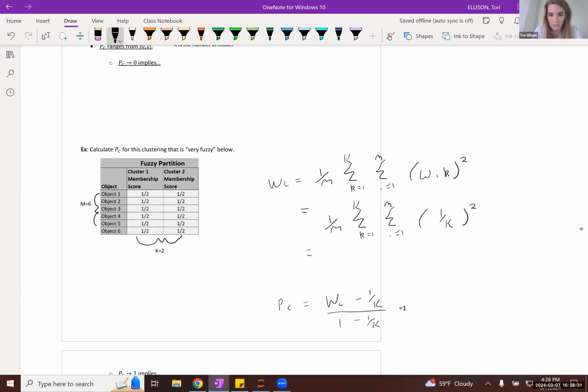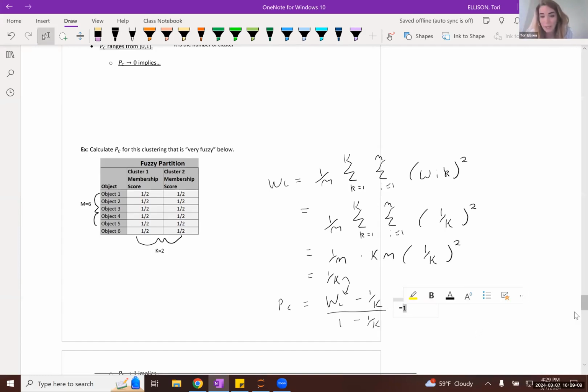And so what that means is we're simply adding up k times m of 1 over k squared values. And so when we simplify that, we get a WC value of 1 over k. And so therefore, when we plug in that WC value here, we get 1 over k minus 1 over k in the numerator. So we get, oh, sorry. Yeah, so this should actually be a 0 here.